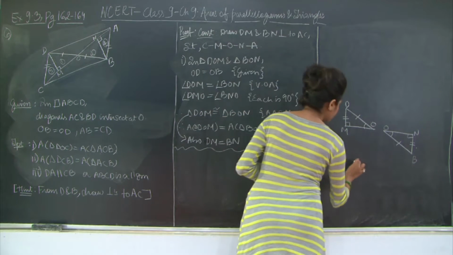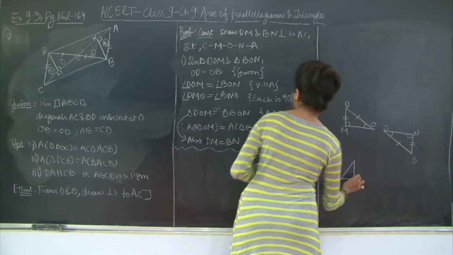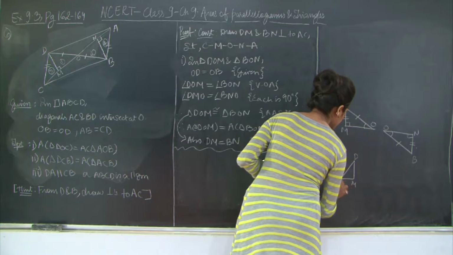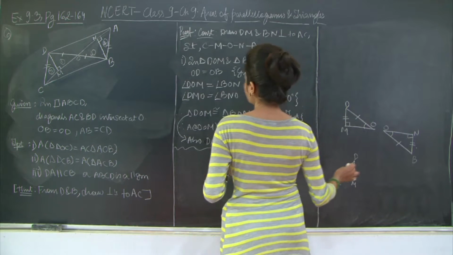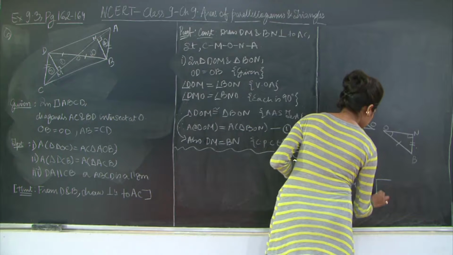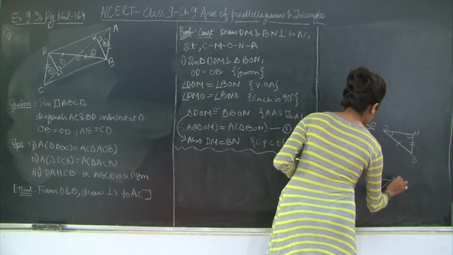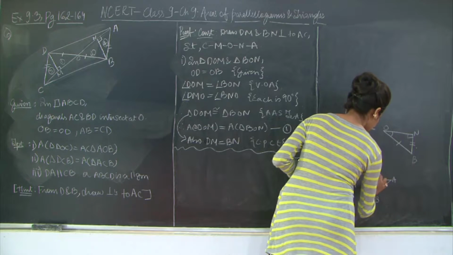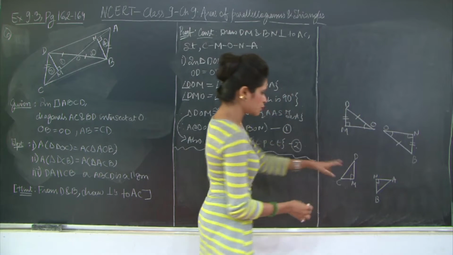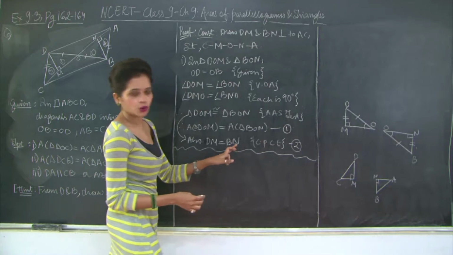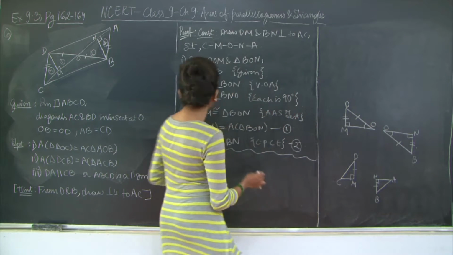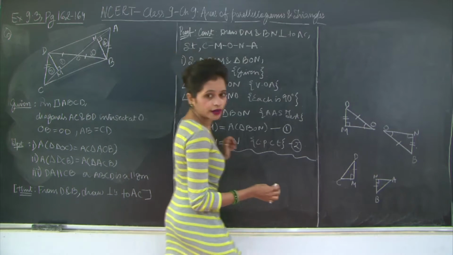So I have DMC and I have ABN. We just proved that DM is equal to BN, right? These two are equal. Also, it's been given that DC is equal to AB.